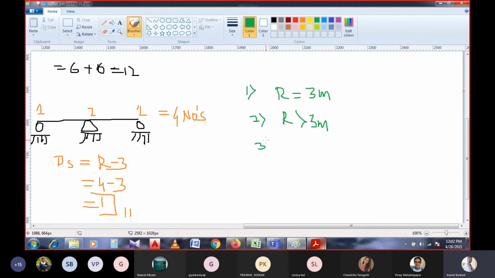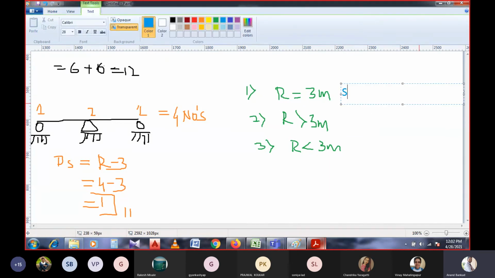And another one is that the reactions are less than 3 times the members in the structure. If the reactions are equal to 3 times the members, then the structure will be considered statically determinate.